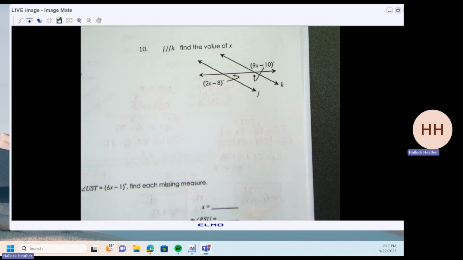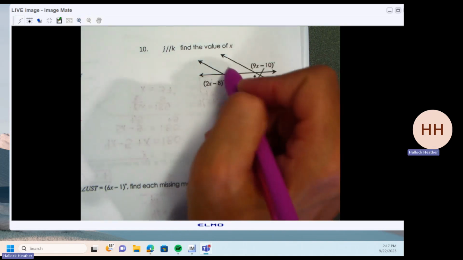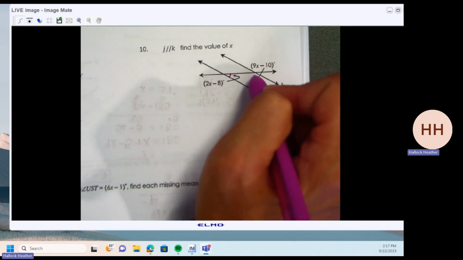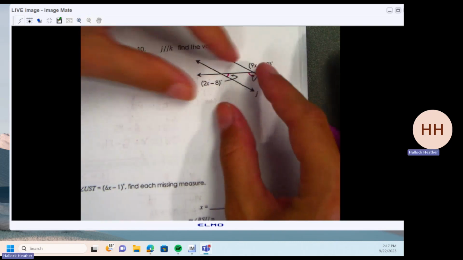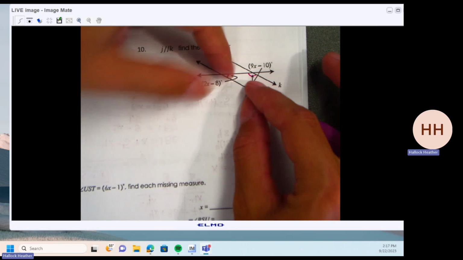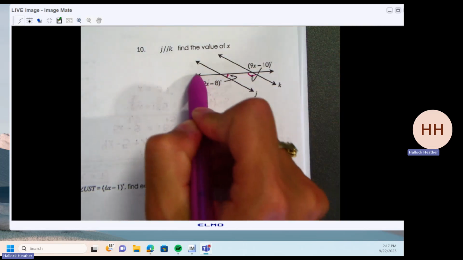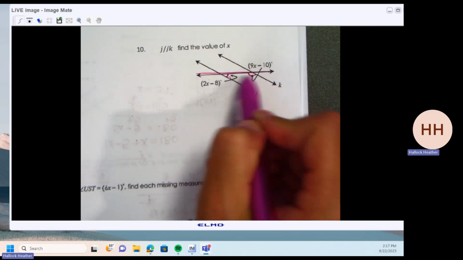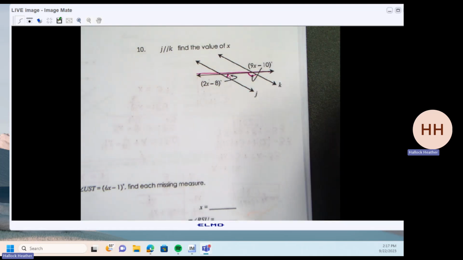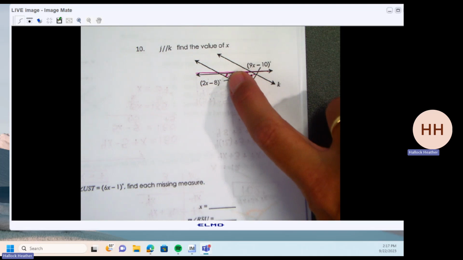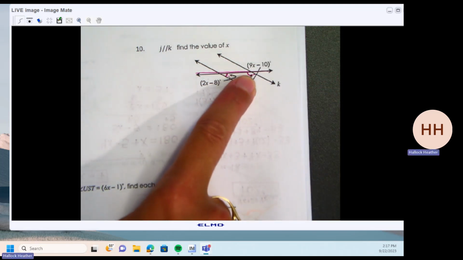10 is similar. We have parallel lines cut by a transversal. These are both on the interior of the parallel lines. The parallel lines are like a sandwich. They're on the inside of the sandwich, and they're on the same side of the transversal together. So these are not the same. They are not equal. This angle is significantly smaller than this angle on this side.